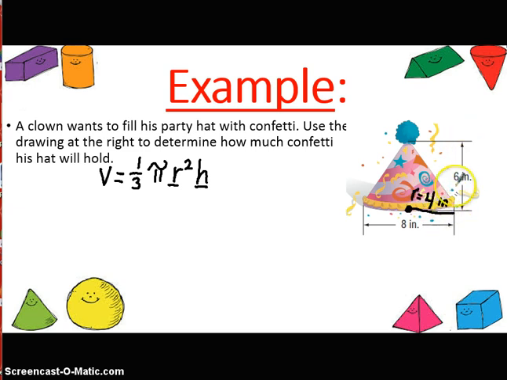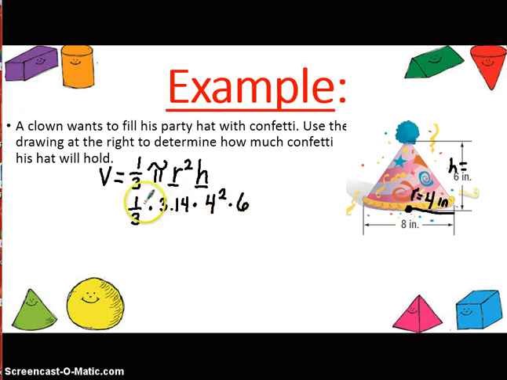It explicitly gives us the height, which is 6. We'll label that H to remind us. Now we're going to substitute the values. That means to put them in place of. So volume equals 1/3 times pi, which we know is 3.14, times the radius, which is 4, squared, times the height, which is 6.